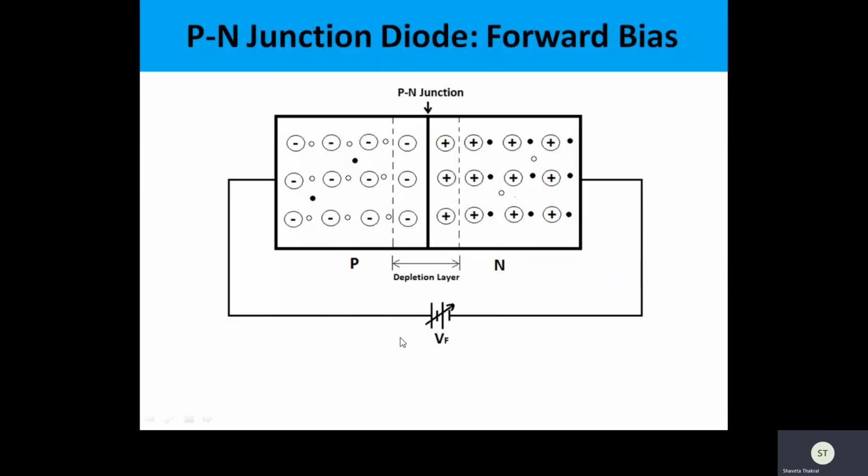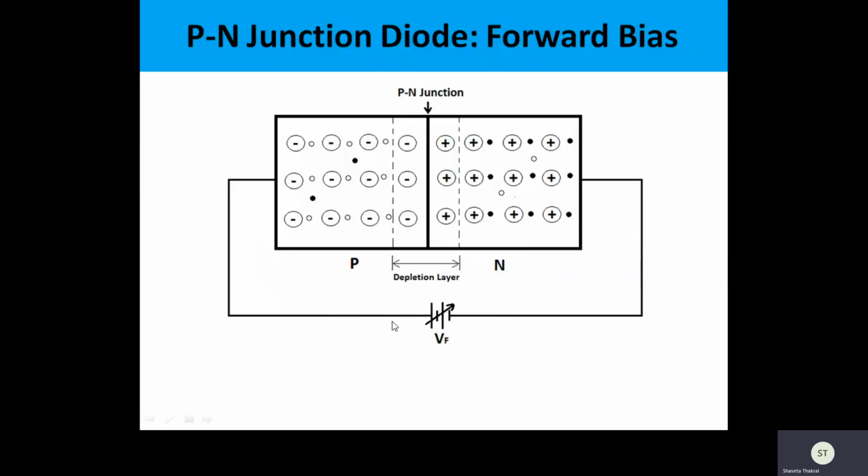In this way, the charge carriers will be able to cross the junction, as well as complete the closed loop. When they are able to move through the closed loop, obviously current starts to flow in the PN junction diode.